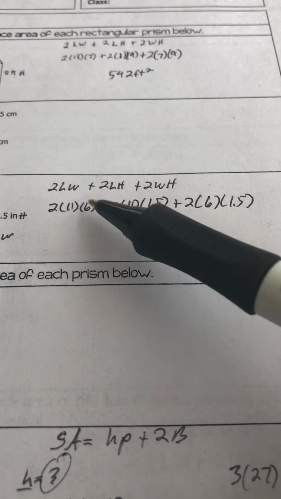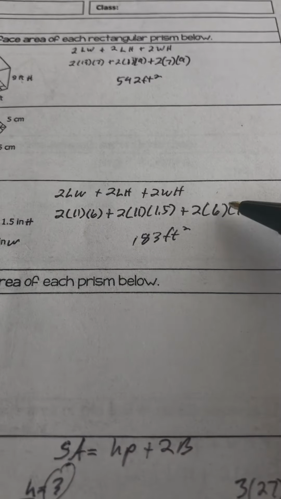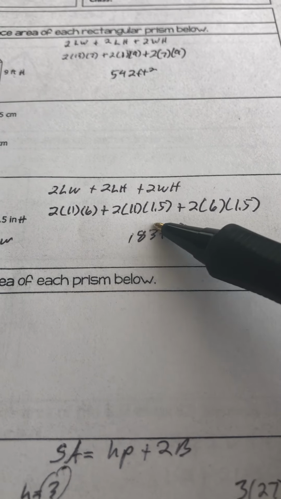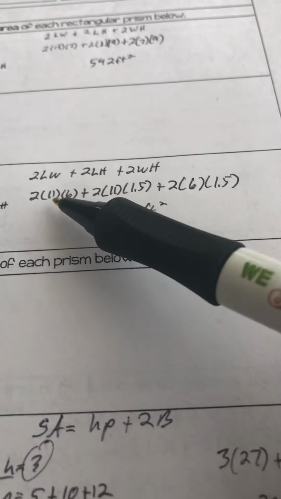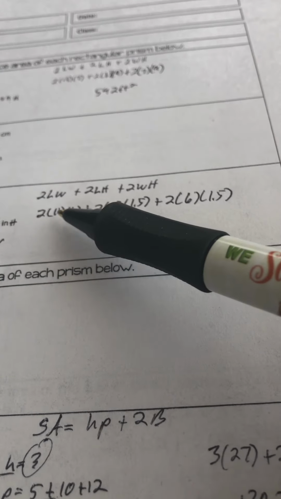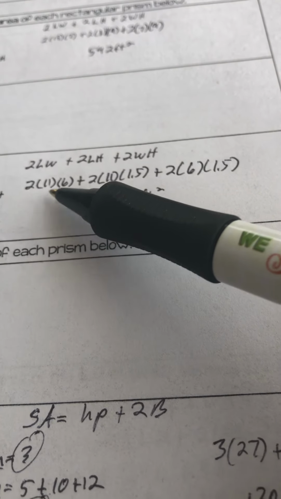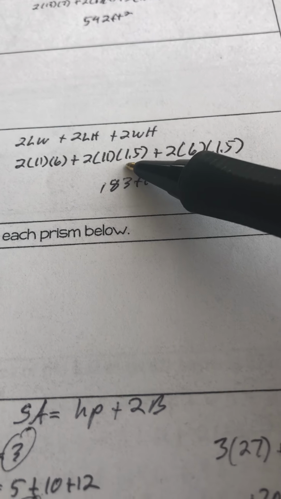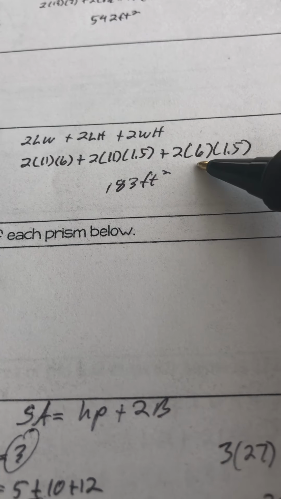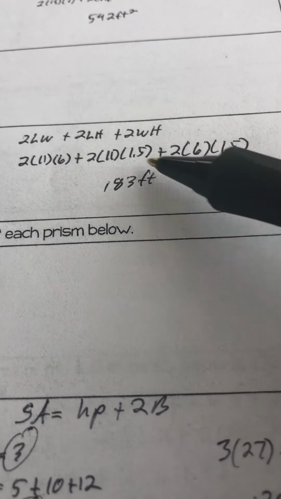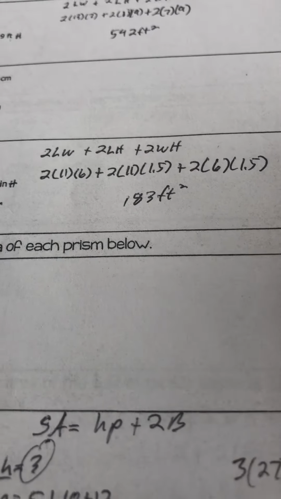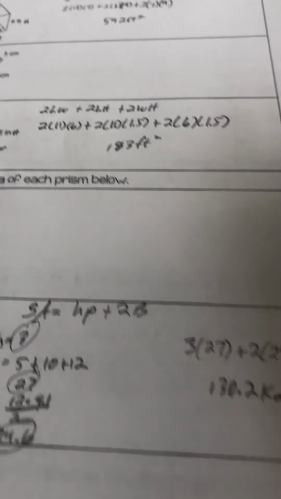So I put in my length, my width, I put in my height where it goes, and I just plug this into your calculator just the way you see it, and then put it in parentheses. Or you could put times, 2 times 11 times 6 plus 2 times 11 times 1.5 plus 2 times 6 times 1.5. And then you just hit equals, and this one you should get 183 feet squared.